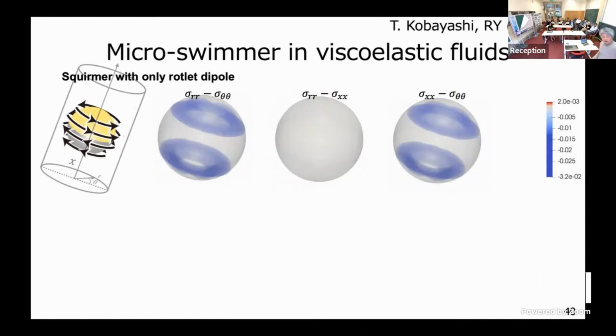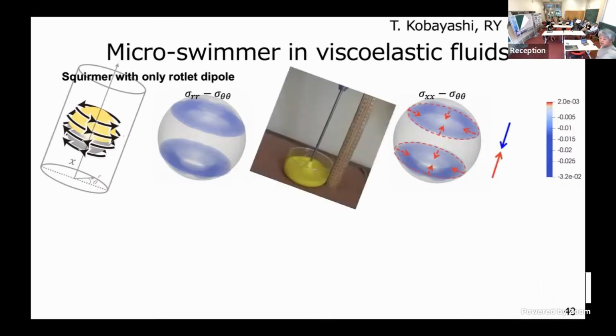The mechanism is very simple if we understand it. If we put a twisting boundary condition particle in a cylinder without the V1 term, this is rotated. Then what happens is well known as the Weissenberg effect. The normal stress difference takes place around the rotating sphere.